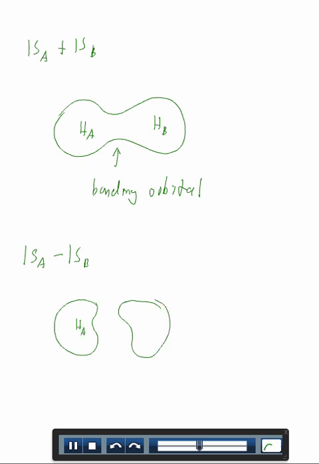This is HA, this is HB, and so between the two atoms there's no orbital. It's been canceled out by subtracting the two. So electrons can't exist between the two hydrogen atoms, and so this is called the antibonding orbital, because the electrons are located around one hydrogen, not between the two.